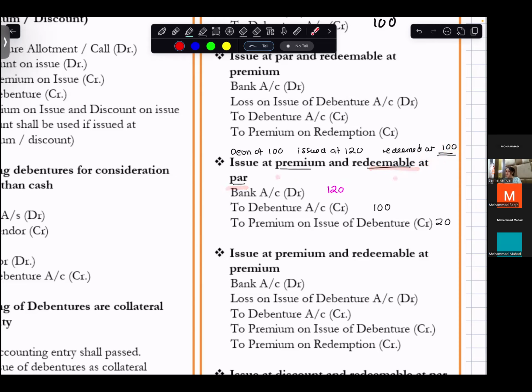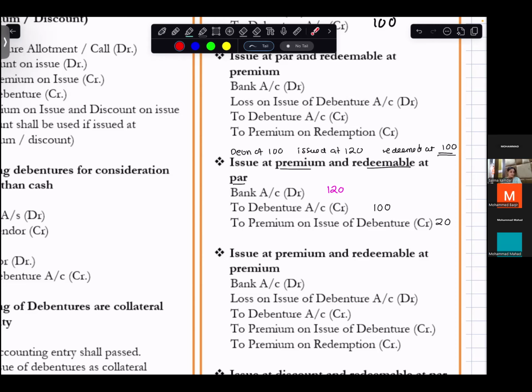When you issued, you received 120. How much are you going to pay back? 100. So are you facing any loss on redemption? No.